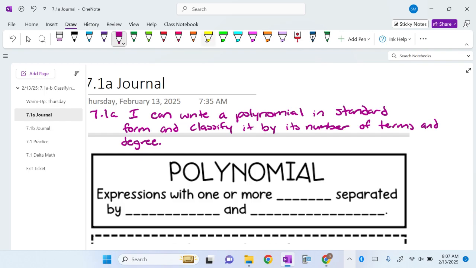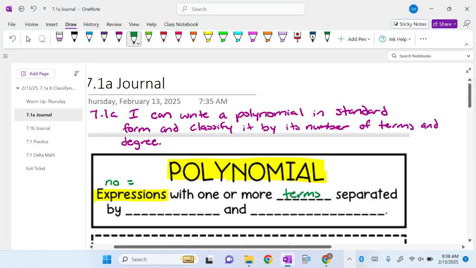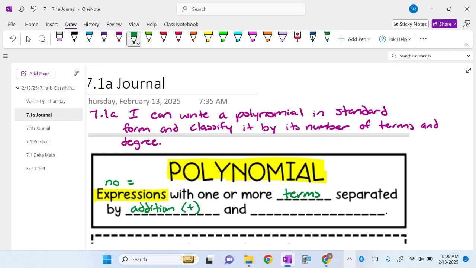All right. So first off, we need to know what a polynomial actually is. A polynomial is just an expression. So remember, an expression means you do not have an equal sign or a greater than, less than, or equal to sign, with one or more terms separated by addition or a plus and subtraction or a minus.